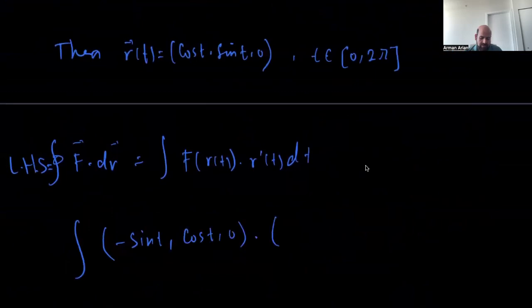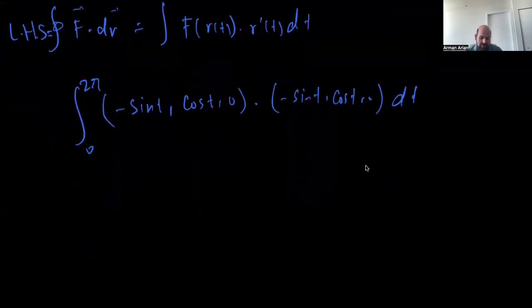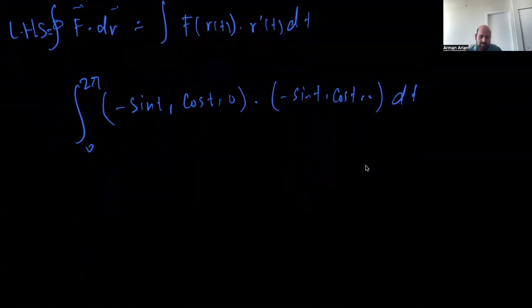Dot r prime, which will be minus sine t, cos t, and 0, dt, 0 to 2 pi. If we do the dot product, we get sine squared plus cos squared, which is 1. So the integral from 0 to 2 pi of 1 dt, which is t from 0 to 2 pi, which is 2 pi.